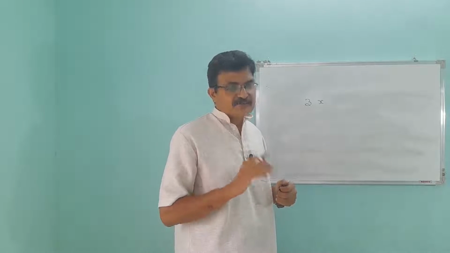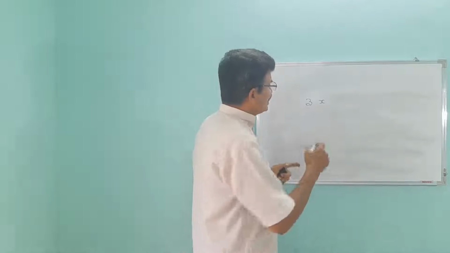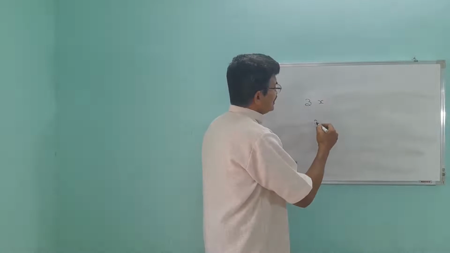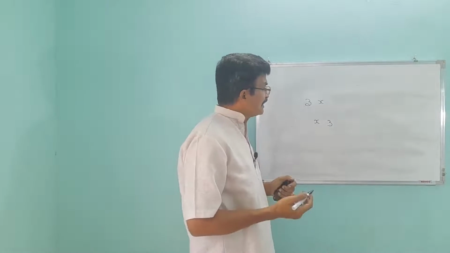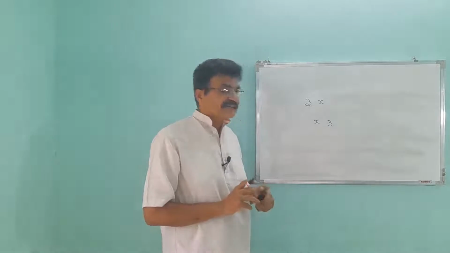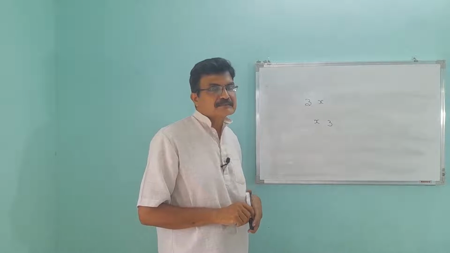The 3 should come first. It is a convention. Why don't we write it as x3? Multiplication is commutative, so 3x is the same as x3. Why do we adopt such a convention?